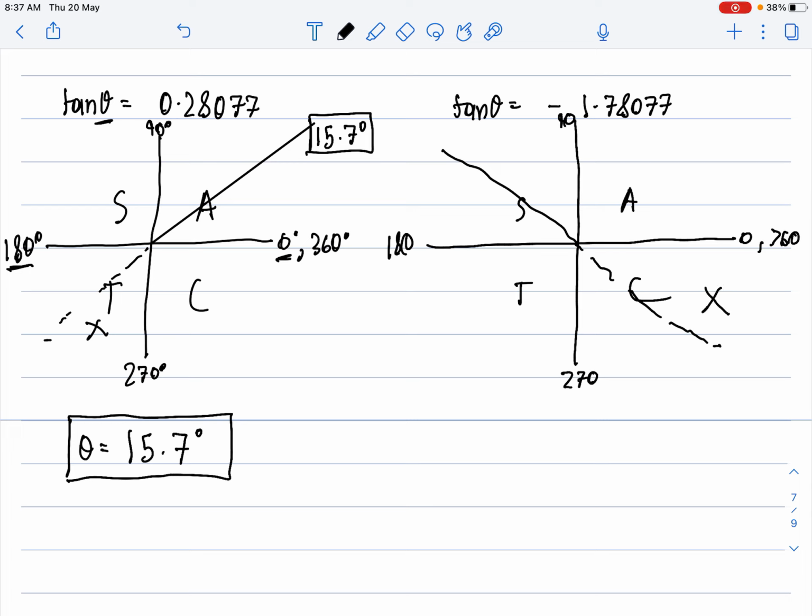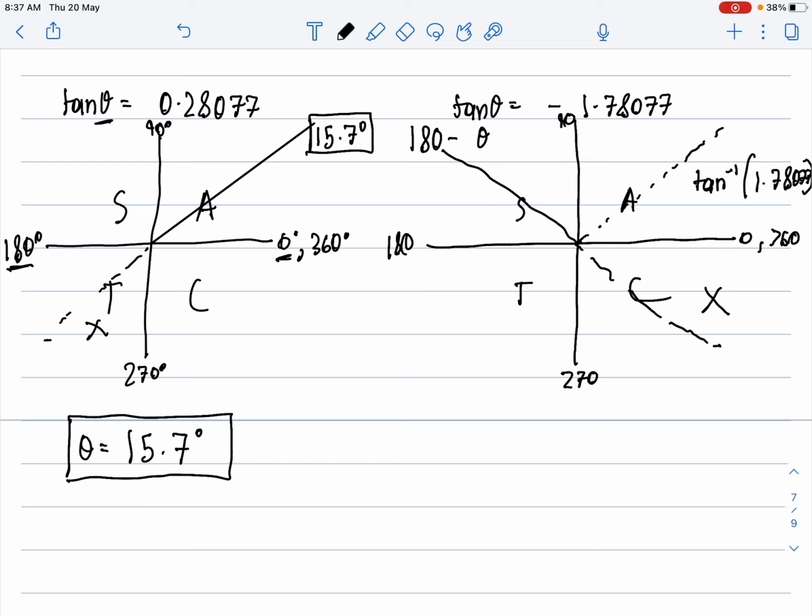Tan I know is negative in the second quadrant and in the fourth quadrant, but the fourth quadrant is after 180 degrees, so that can't be possible. Now, I know for calculating the value in the second quadrant, I need to do 180 minus theta. This theta basically is the value which lies in the first quadrant. So for that, I need to do the tan inverse of the positive value of 1.78077. Correct?